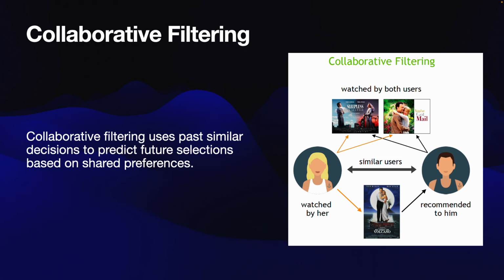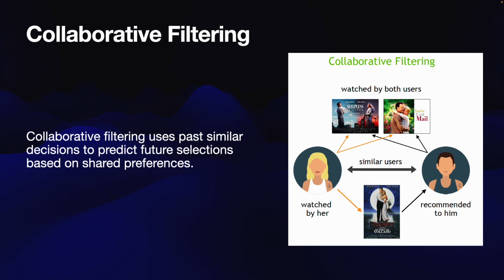And here comes collaborative filtering. It's similar to what we saw before. However, now we're comparing users to users, and movies to movies, and then we're trying to see which ones to recommend. So, for example, we know that our user Tom liked these two movies, but our user Sarah also liked these two movies.